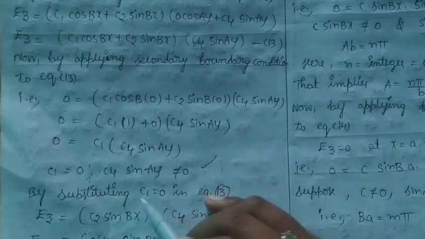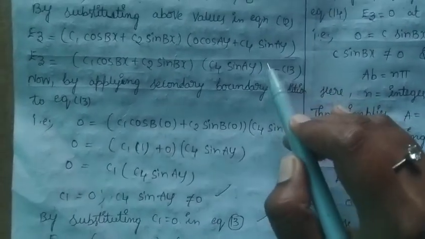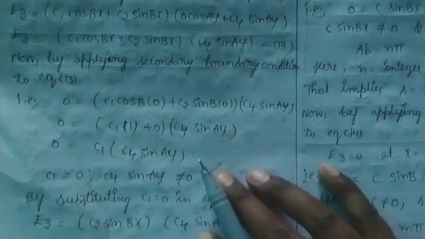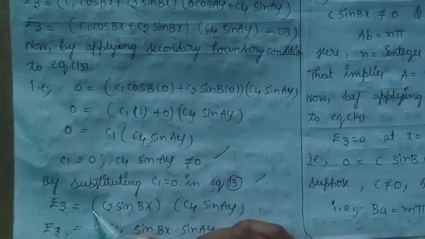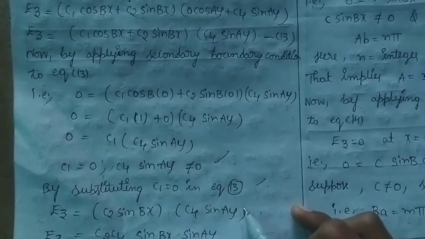By substituting c1 equal to 0 in equation 13, the equation becomes Ez is equal to c2 sin bx c4 sin ay. Why?